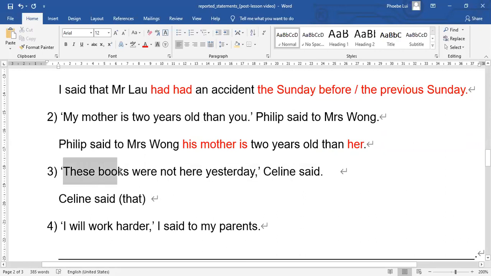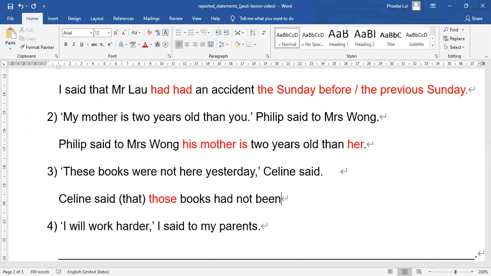And then the subject, these books, become those books. Were not, be careful. This is simple past tense, and you change it into past perfect. Should be had not been.